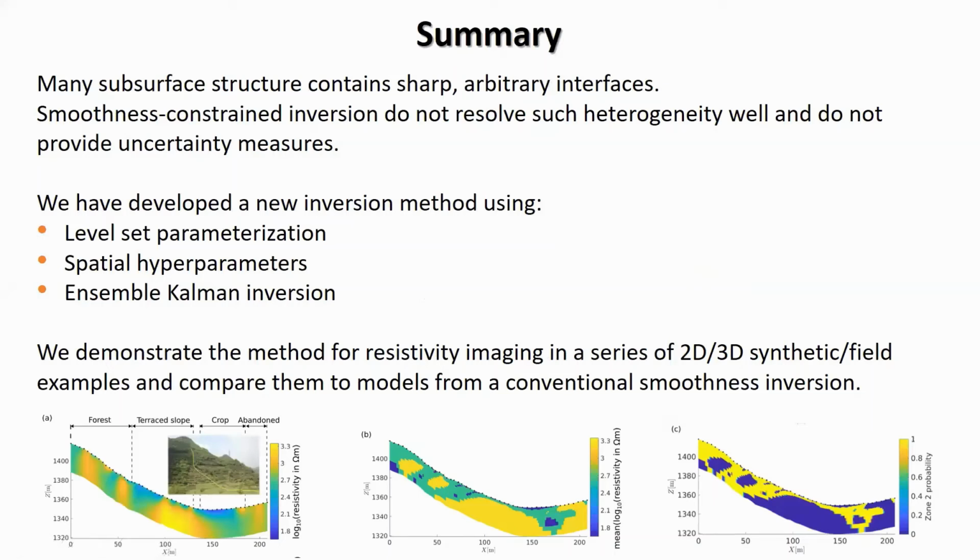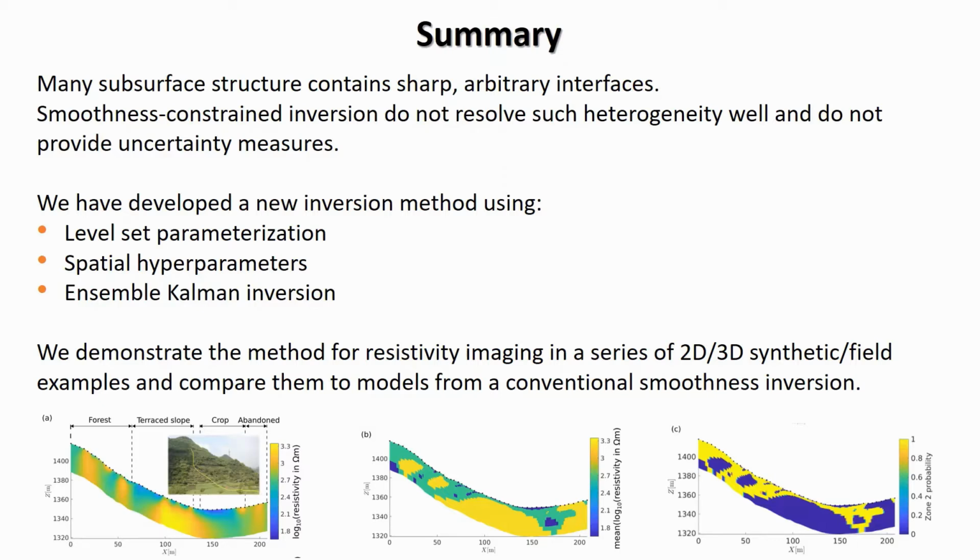What I'm going to present is a new inversion method that we've developed, which allows us to look at sharp interfaces. And we're going to demonstrate the improvement that we get when compared to a conventional smoothness constrained inversion for resistivity problems.